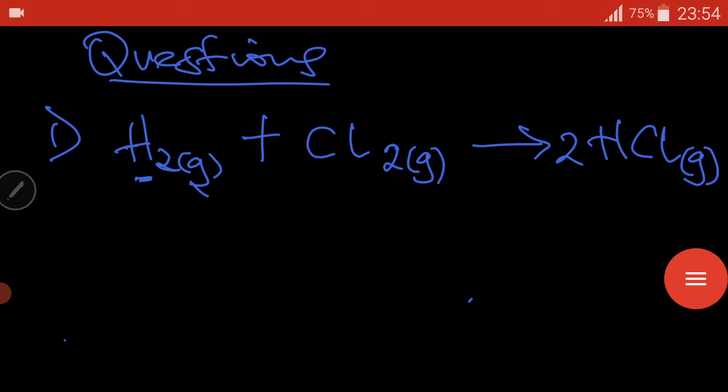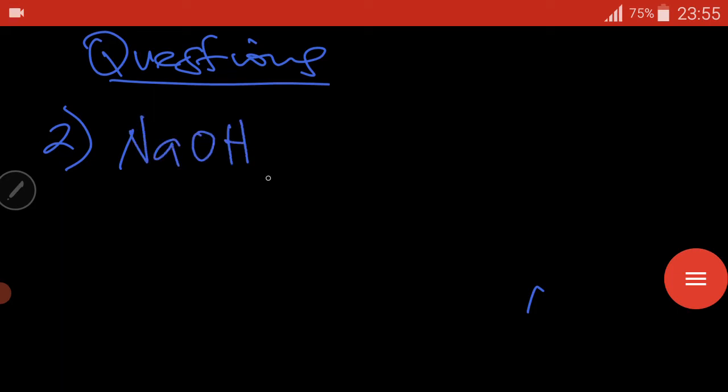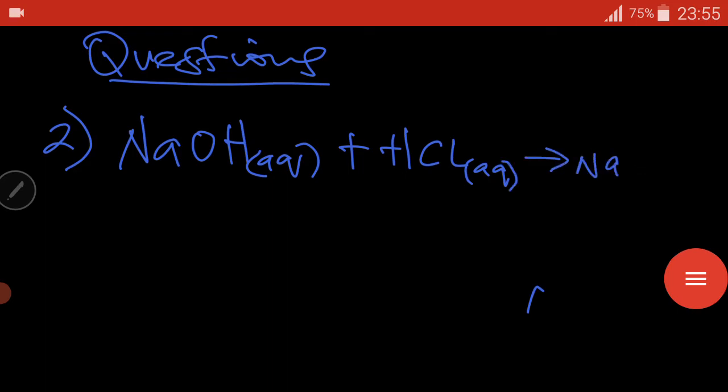So let's look at another equation. Question 2. Look at sodium hydroxide in aqueous form, reacting with hydrochloric acid in aqueous form, giving us sodium chloride plus water.